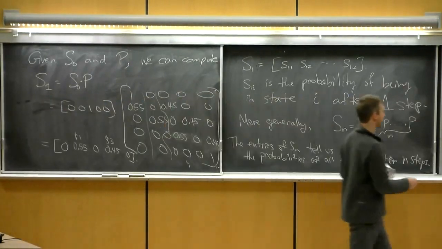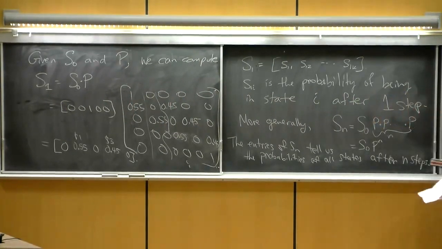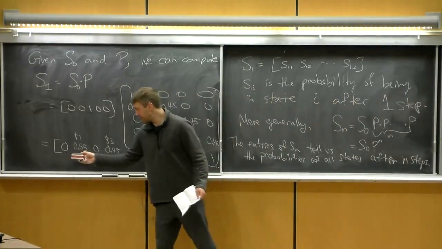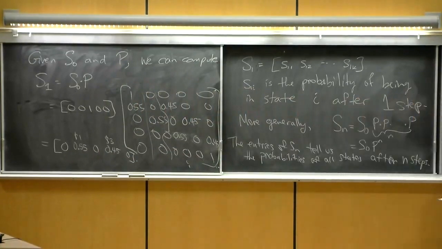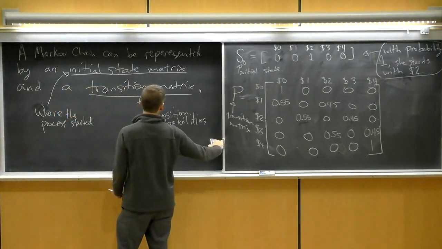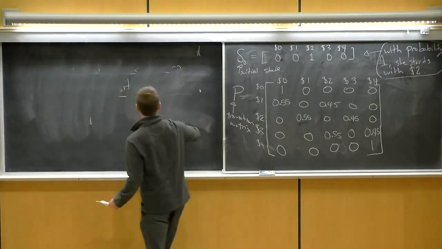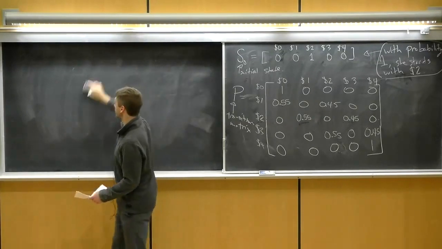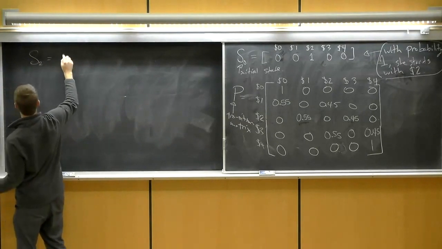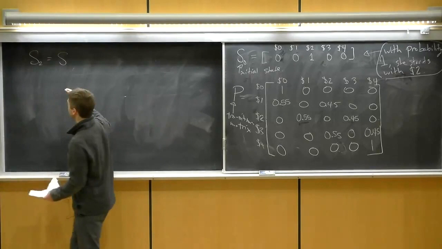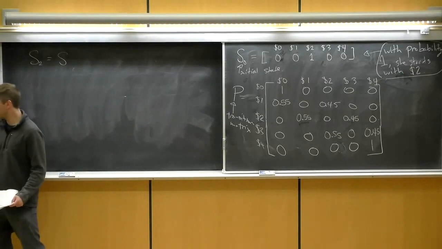So if we apply this in this specific case, S1 was just this row matrix. If you apply it again, I'm not going to do the calculation, but I've written Sn as S0 times P to the n.